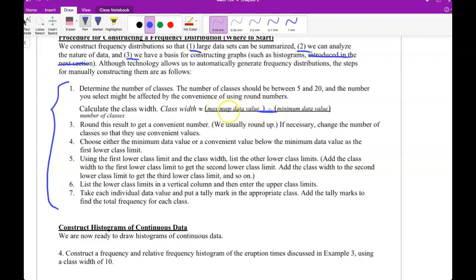On top we have maximum data value minus minimum data value divided by number of classes. Okay, so this is how we can find a class width.